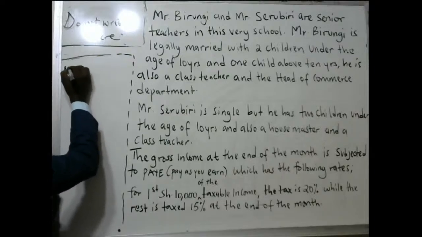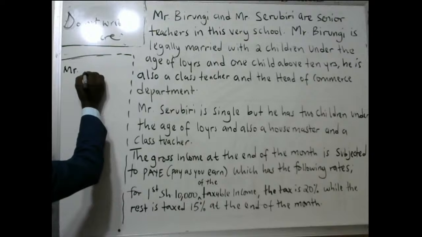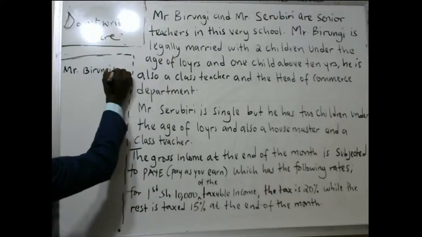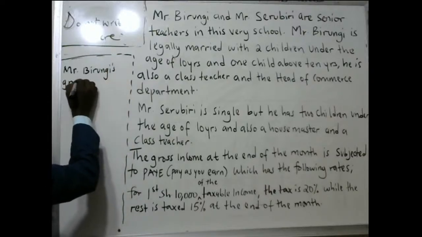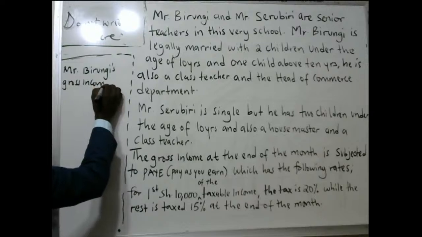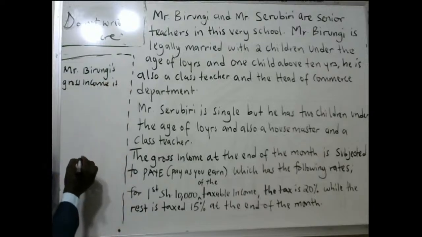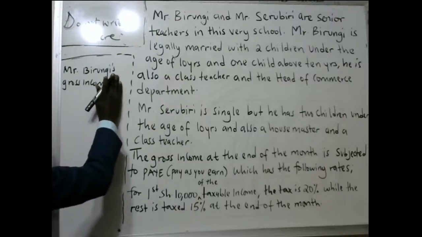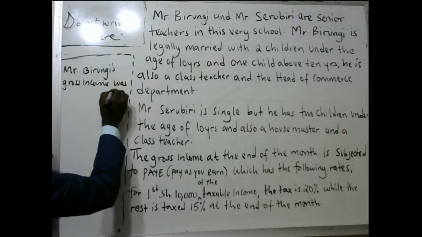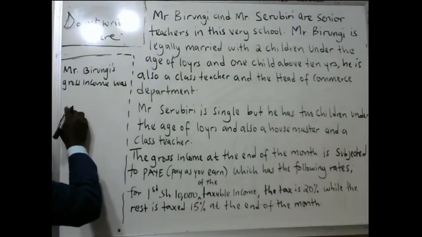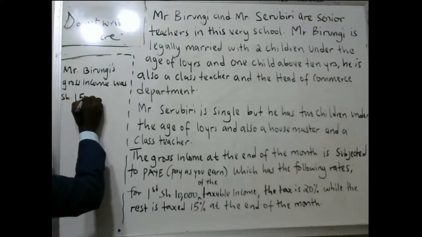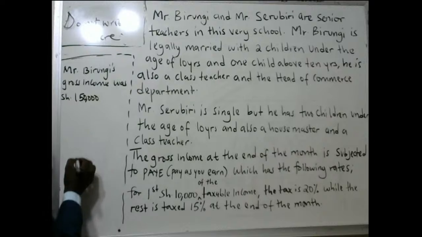Then the question continues that Mr. Birungi's gross income was shillings 150. So this was his gross income.